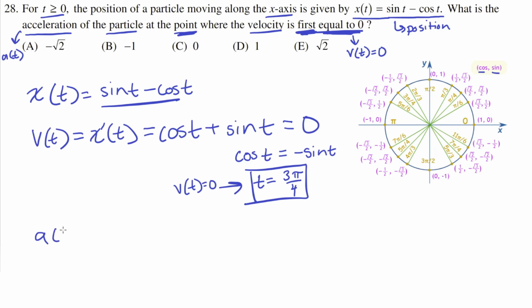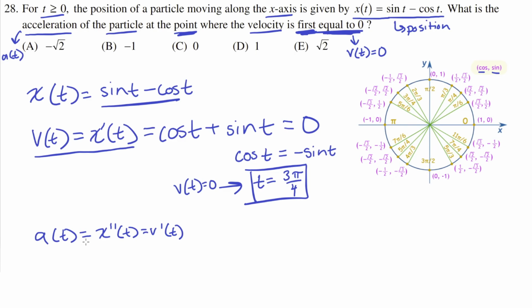And to get a formula for the acceleration of a moving particle, we need to take the second derivative of the position function, or the first derivative of the velocity function. The velocity function is the first derivative, so taking another derivative makes it the second derivative of the original function.